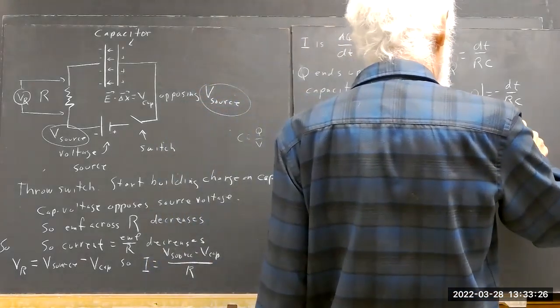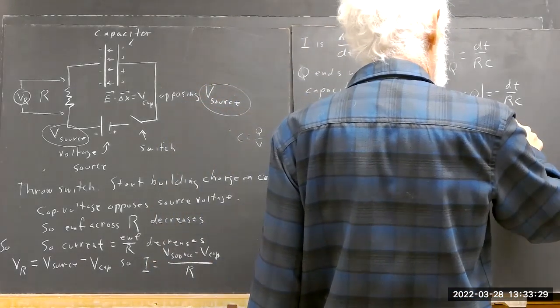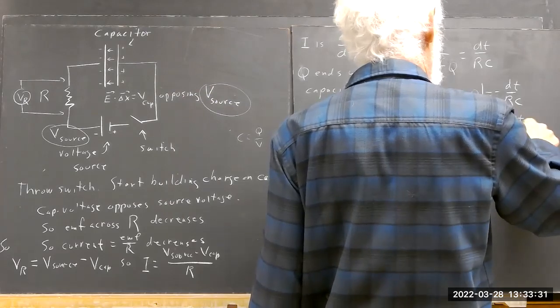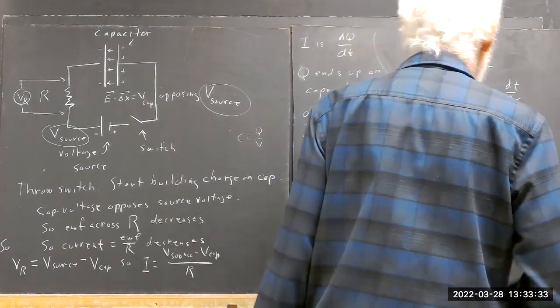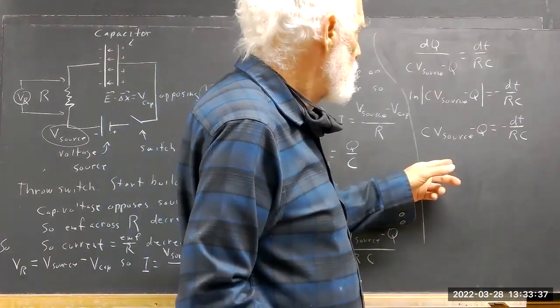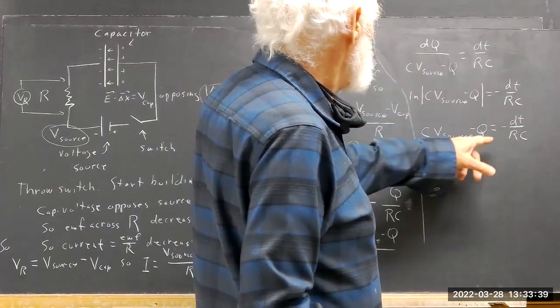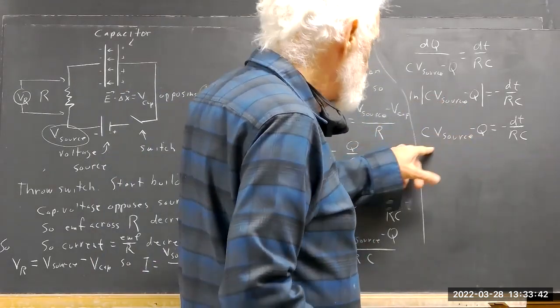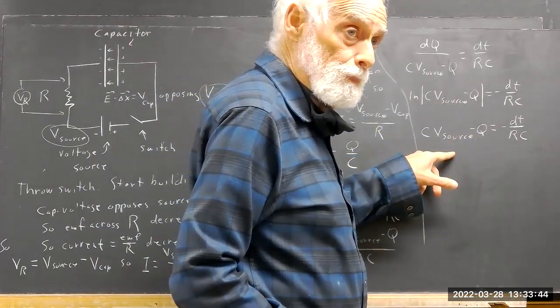I'm just going to say, okay, this is equal to negative dt over RC, provided the charge is less than C times V source.